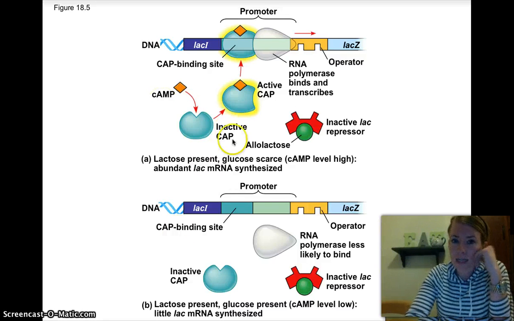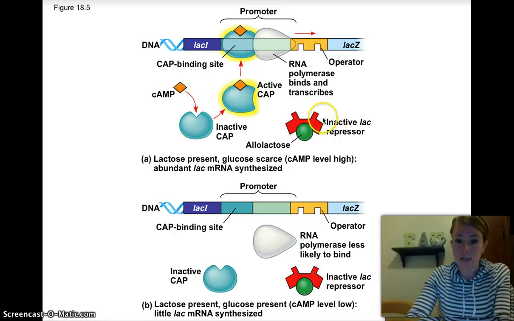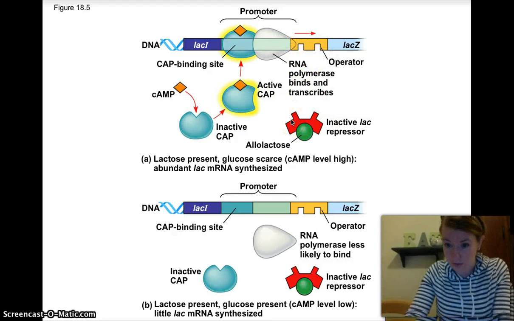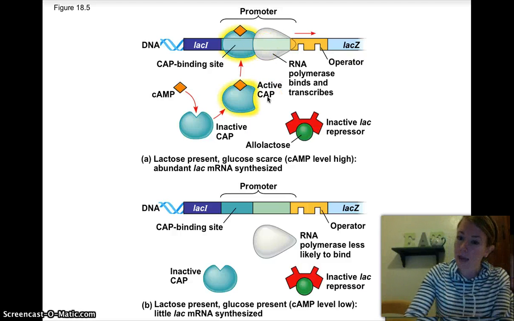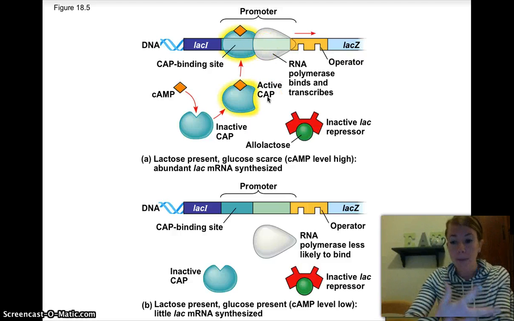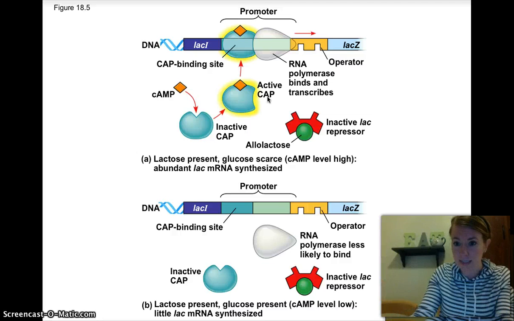So lactose is present, so it is bound to the repressor. The repressor is inactive and it cannot bind to the operator. So the operon is on. But RNA polymerase might find its way to the promoter, but we want to help bring RNA polymerase to the promoter quickly. That way we can make these genes to break down lactose quickly.